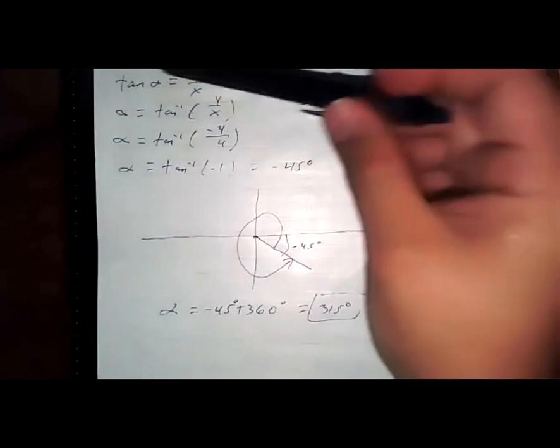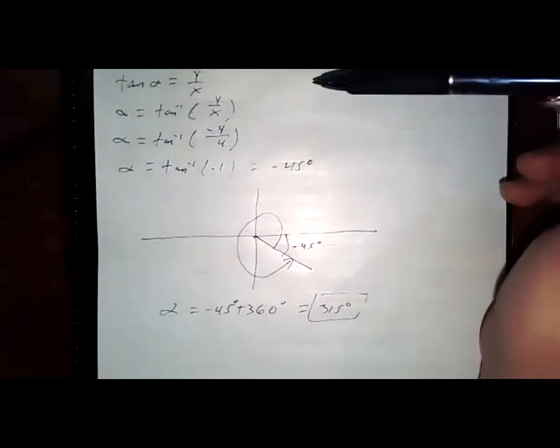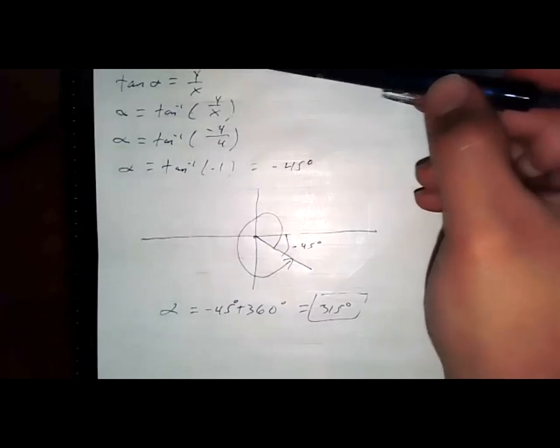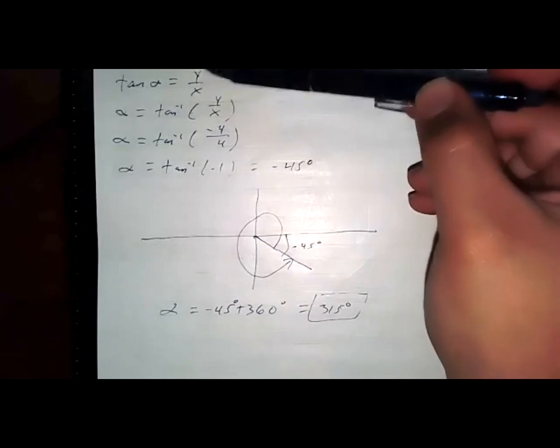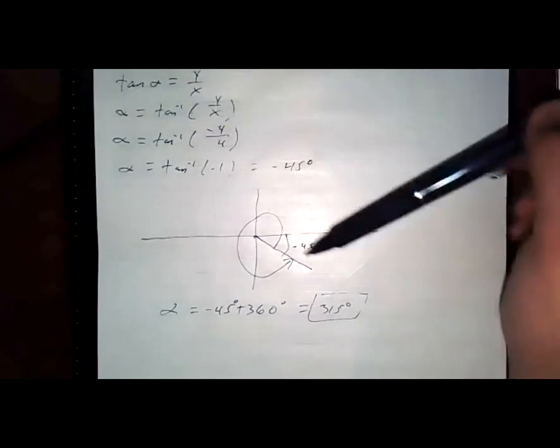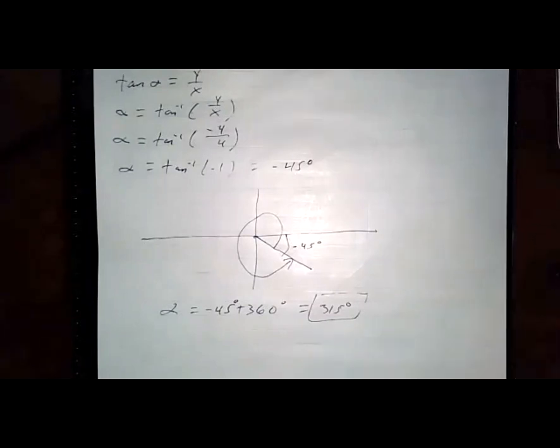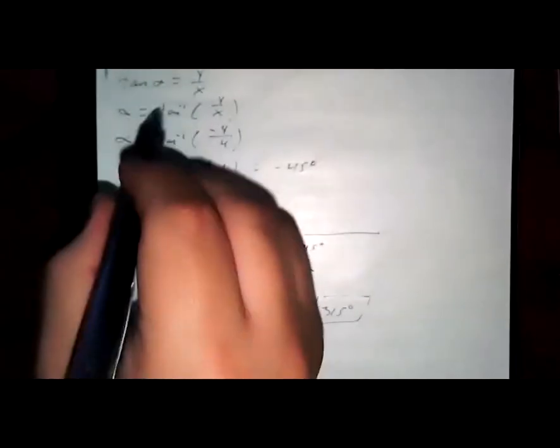So get in a habit of using this. The main reasoning is that you have a y and x direction, so you just find the ratio, which will give you a unit circle point. But just think of it as a formula. That's the easy way to think about it.